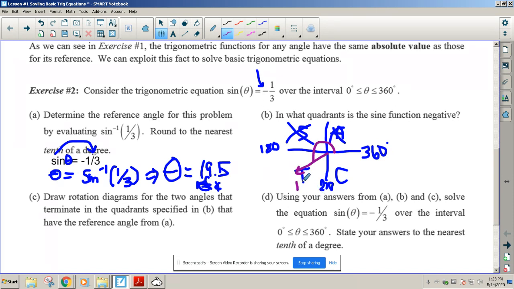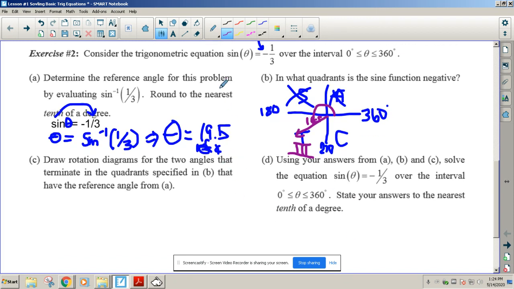So in quadrant 3, tangent's quadrant, sine would be negative, so there's my negative, check. And 19.5 degrees plus 180, this tells me that my angle is 199.5 degrees, because 180 plus 19.5.